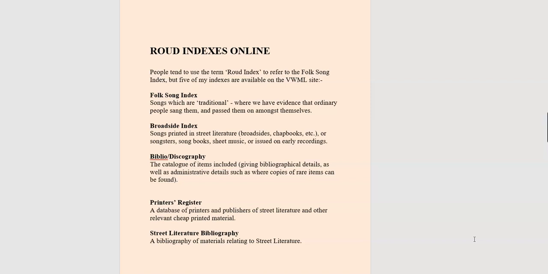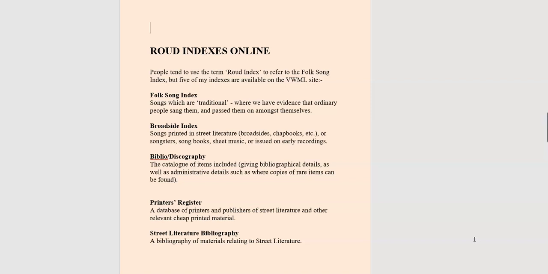Now the broadside index, I can put anything in there, but most of it is songs that are found on street literature. In other words, broadsides, chapbooks, songsters, songbooks, and then for the more well-off people, sheet music and proper songbooks, or even early recordings.